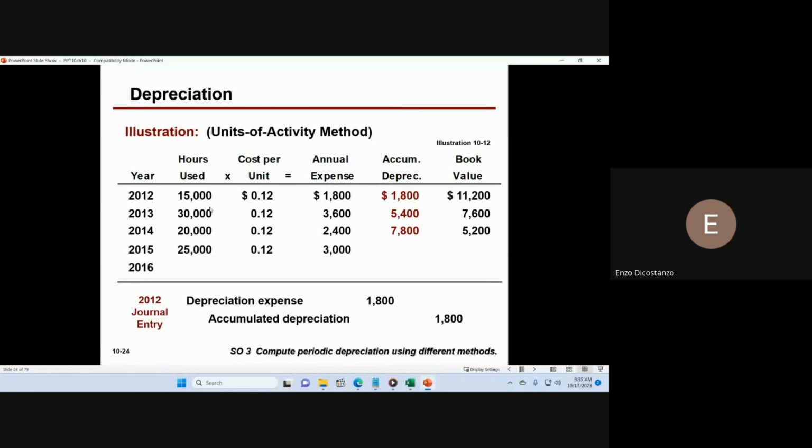You have the rate, you determine the expense, and then you just add up the accumulated depreciation, then you subtract out from book to get to 1,000. So the first year it's going to be 13 minus that 1,800, right? That's 11,200, and you're going to get all the way down to the salvage.